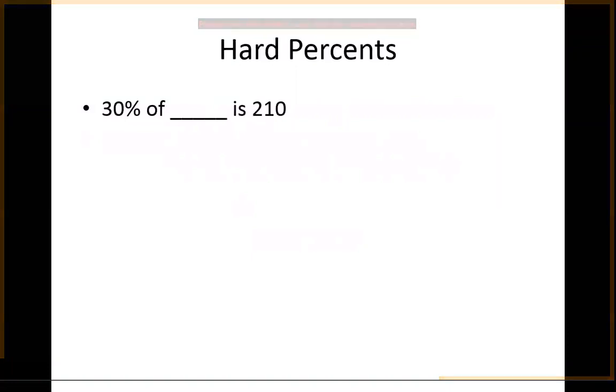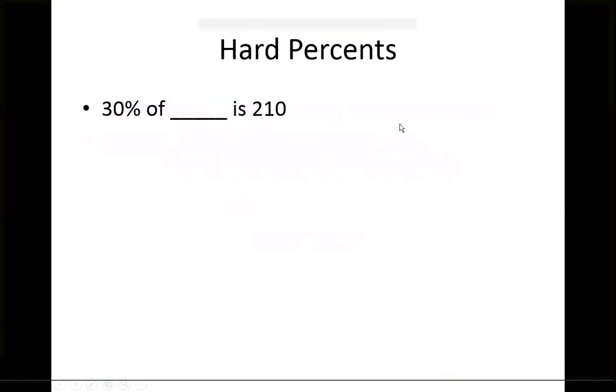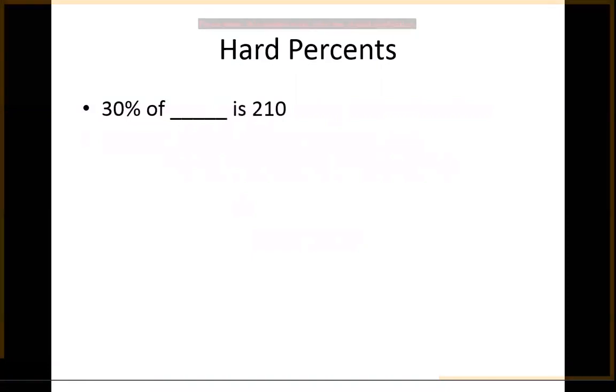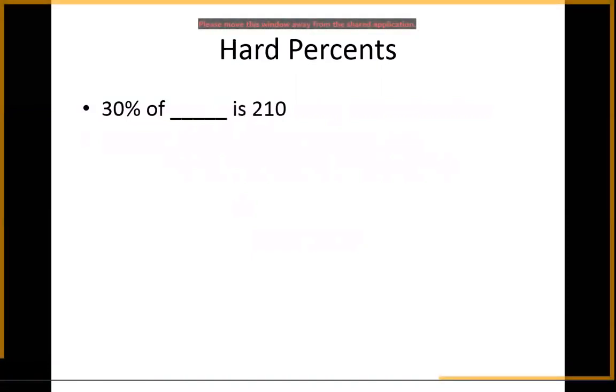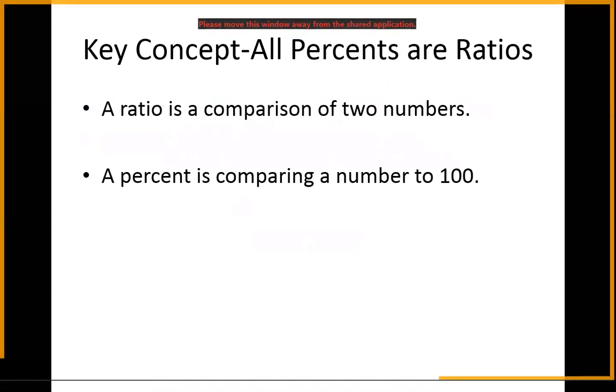Okay, now this is a hard percent problem. 30% of blank is 210. To solve a problem like this, there's a couple key concepts to think about. First, you have to understand that all percents are ratios, comparing two numbers, and a percent is always comparing whatever that percentage is to 100.